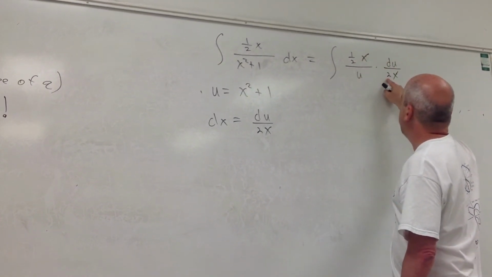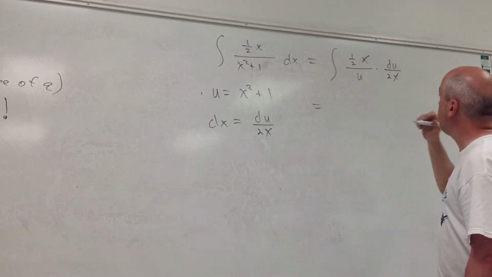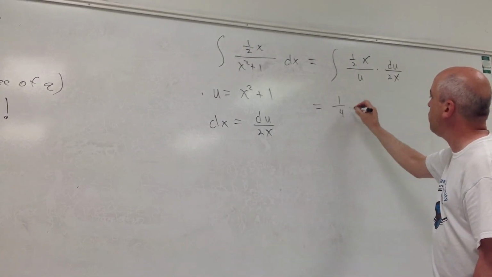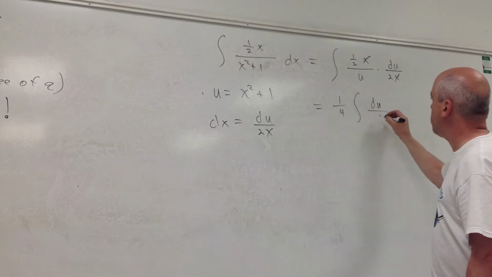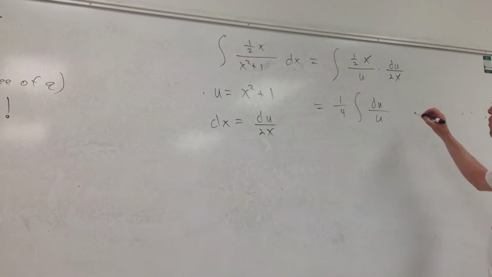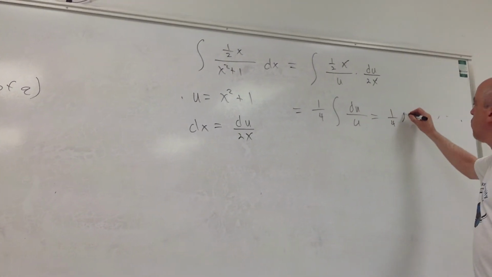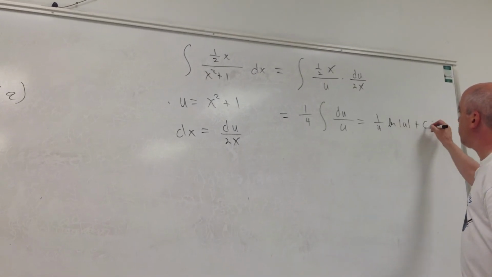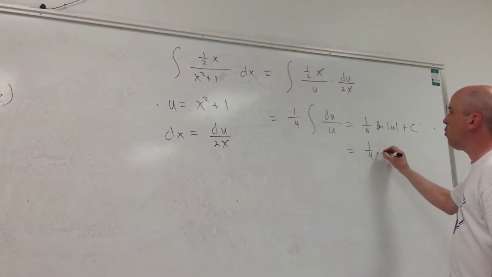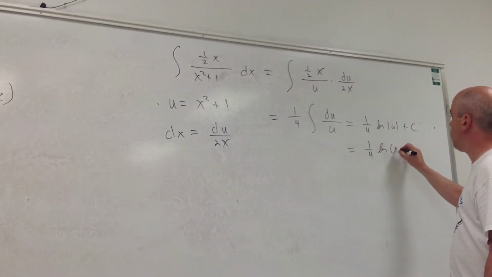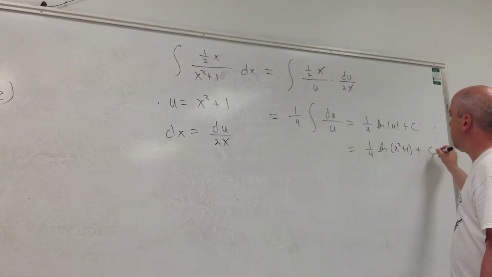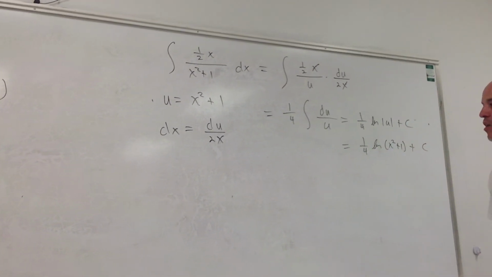A half divided by 2 is a fourth. That's a constant multiple. You end up with a quarter integral du over u. That's 1/4 log absolute value of u plus c. That's 1/4 natural log x squared plus 1. So I'm going to take this and paste that into my answer.